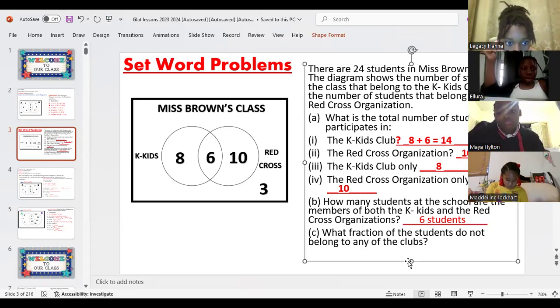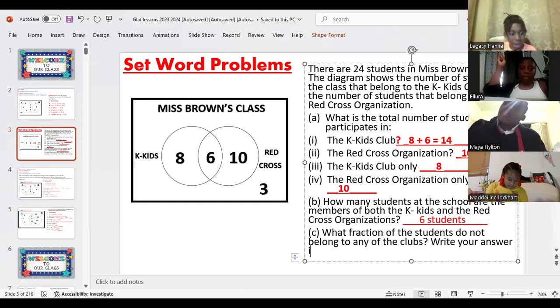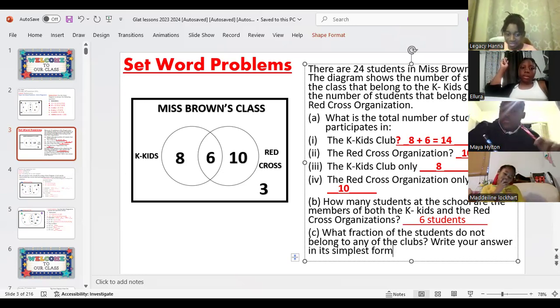3 out of 24. But we have to write our answer in simplest form. Don't be afraid.